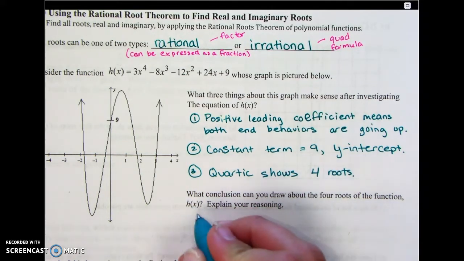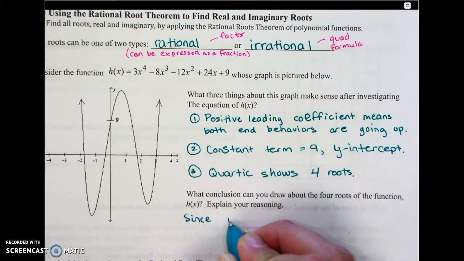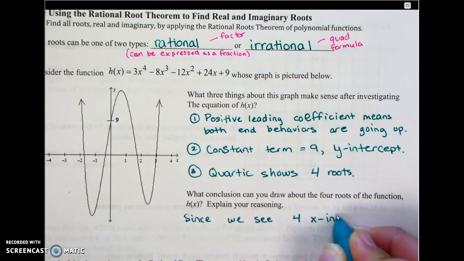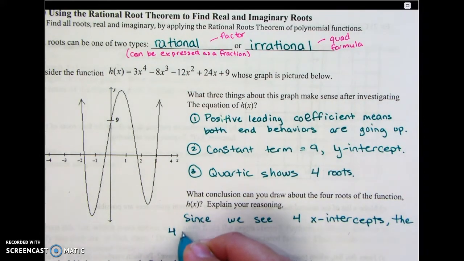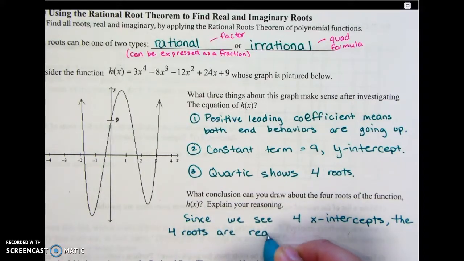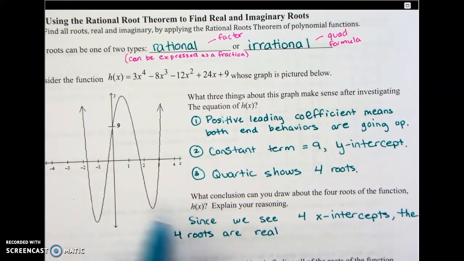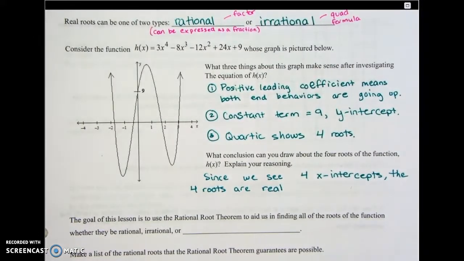Well, since we see 4 x-intercepts, the 4 roots are real, as opposed to what's the opposite of real in math? The opposite of real is imaginary, right? So they're not imaginary, they're real. They're actually there.